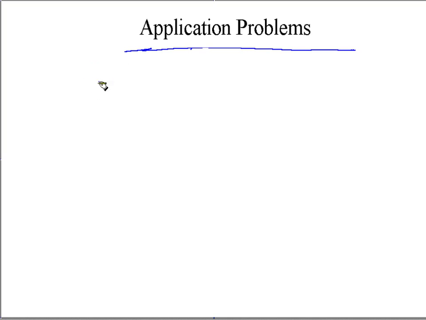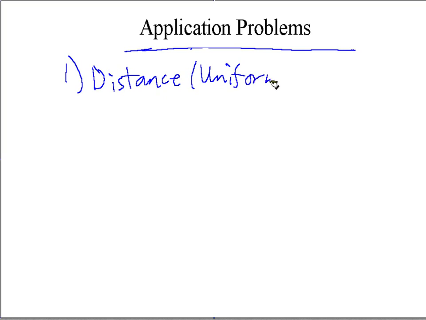Now let's look at two types of problems we'll deal with in this section. The first type of application problem we'll deal with are distance problems, or uniform motion problems. And that involves an object in motion. Here, we'll deal specifically with two types of uniform motion problems.